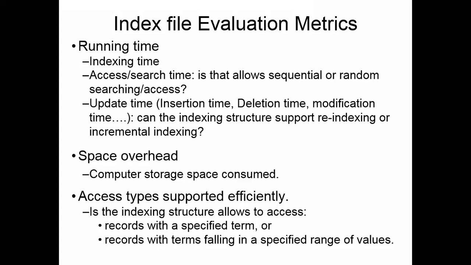Is it possible to access multiple index terms at the same time or only one term at a time? Each record describing one term, or multiple records describing multiple terms. We prefer it if it's possible to access multiple rows, multiple records, or multiple index terms at the same time.